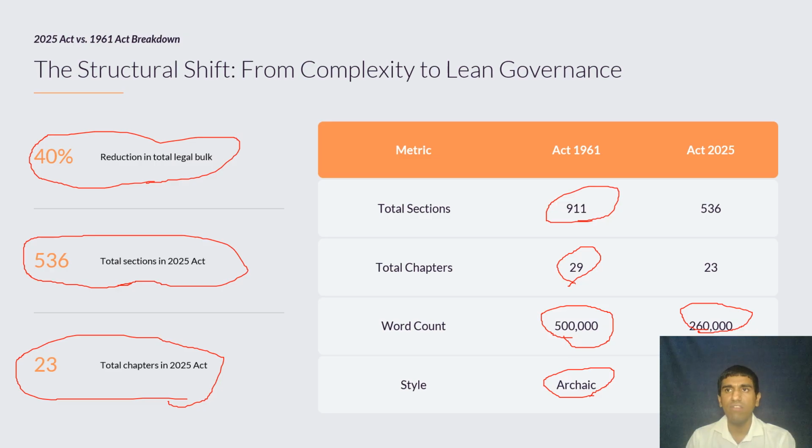This means the old draft used very complicated legal language, and especially language which was used in that age, which really wasn't all that relevant for today's era. So the new act has fixed that. The style of the new act is much more modern. The language of the new act is much more modern, and all the provisions specified in the new act are also in line with the current times.